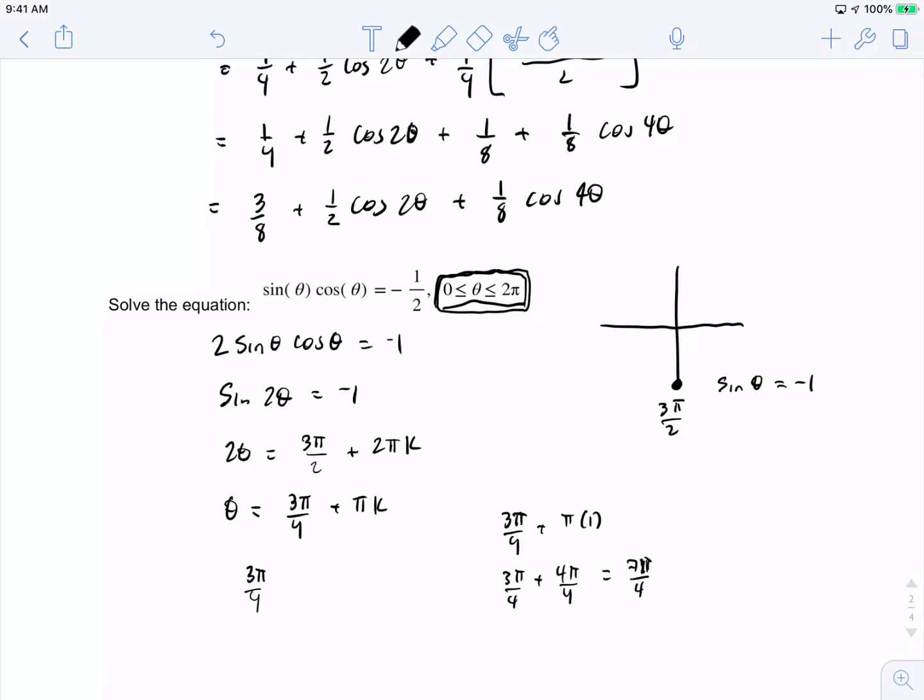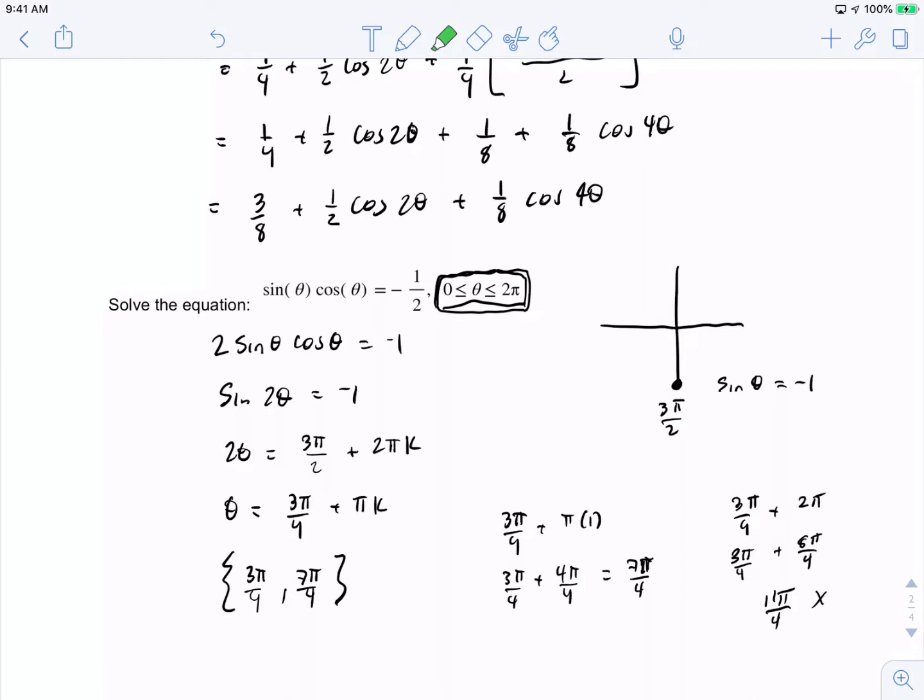And that is under 2 pi, so that's also a solution. And then let's see if going 2 pi revolutions would do it. So then 3 pi over 4 plus 8 pi over 4 gives us 11 pi over 4. This is too big, and so our solutions are only these two, 3 pi over 4 and 7 pi over 4.